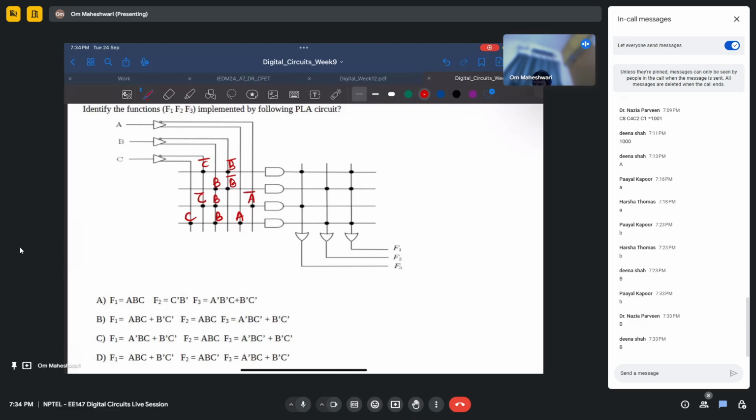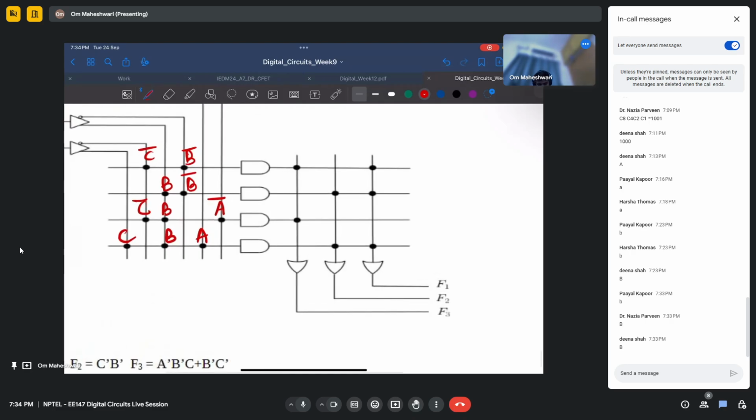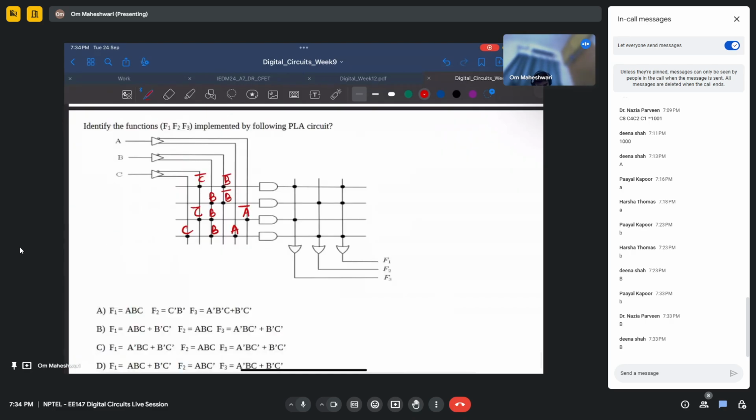Okay, so here we have, let's say, B bar, C bar. B bar is actually 0, so nothing will add. A bar, B, C bar. This is ABC.